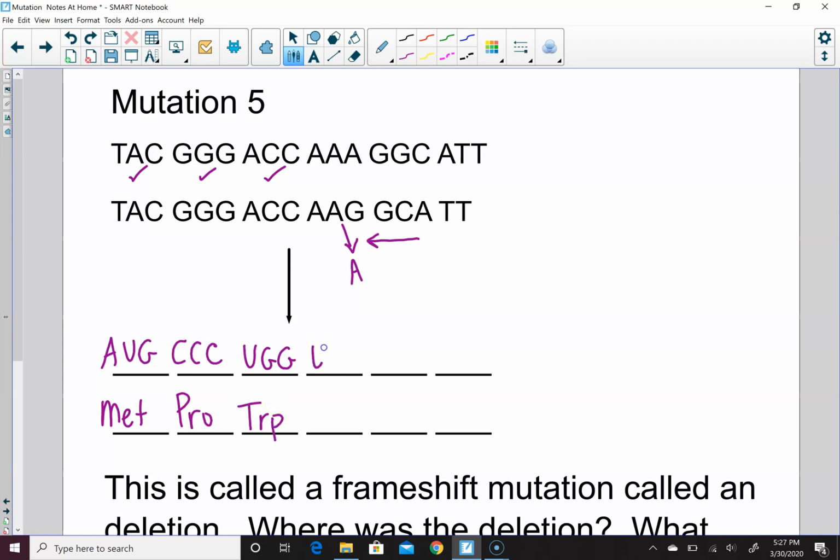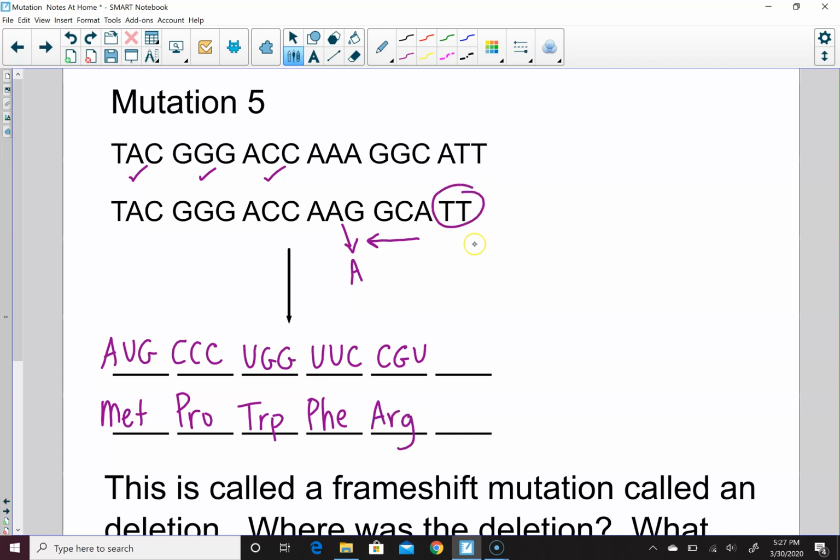Now we got UUC. We go to our chart, and UUC is going to be phenylalanine. Okay, that's fine. That's what it was. Now we got CGU, and CGU is going to be Arg.